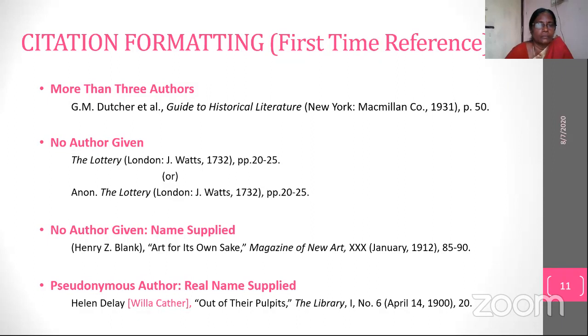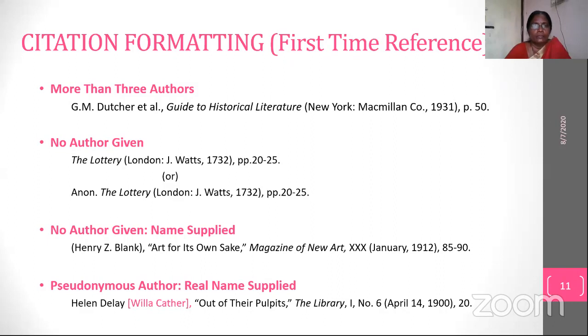We are going to name only the first author, G.M. Dutcher, and for the remaining, we are going to put et al. Et al. means and others, and then the title of the work. And the rest of the things are the same.